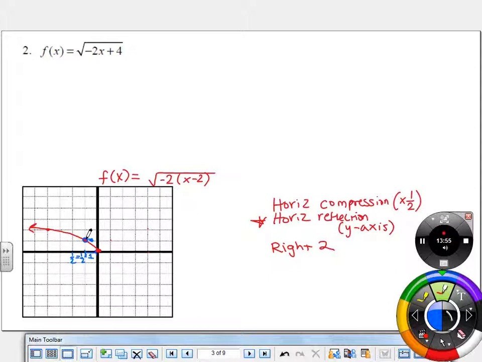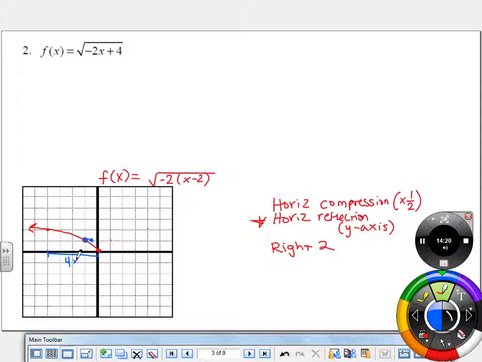Okay? What about the distance between the vertex and the other point that we're using for reference? How far apart are they? So vertex horizontally over to this other point that we plotted. How many units? 1, 2, 3, 4. Okay. And then we're compressing.